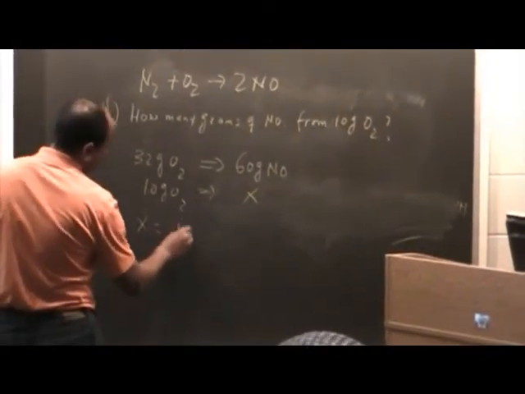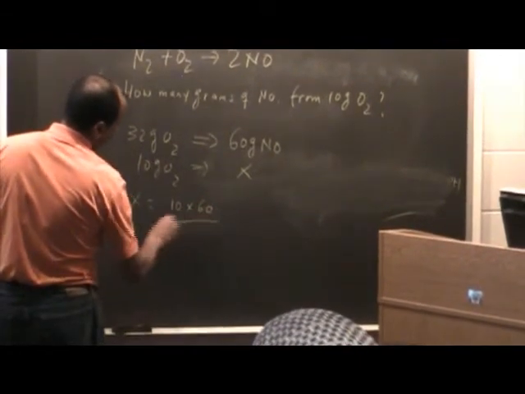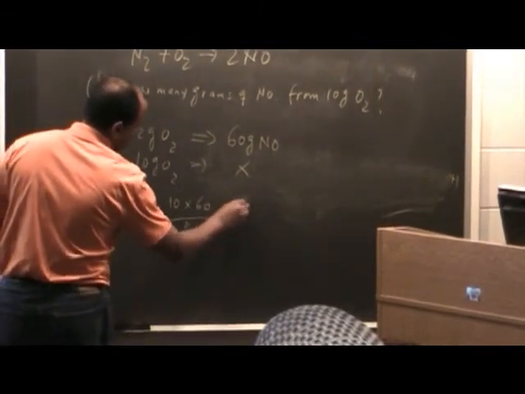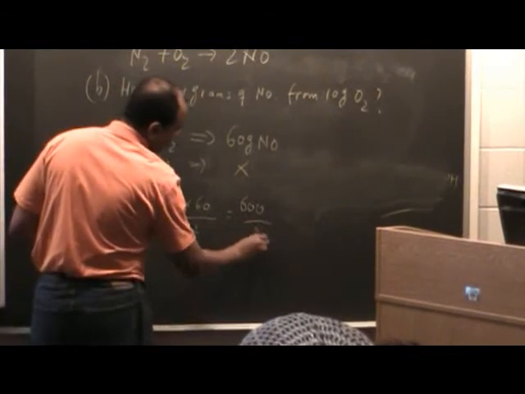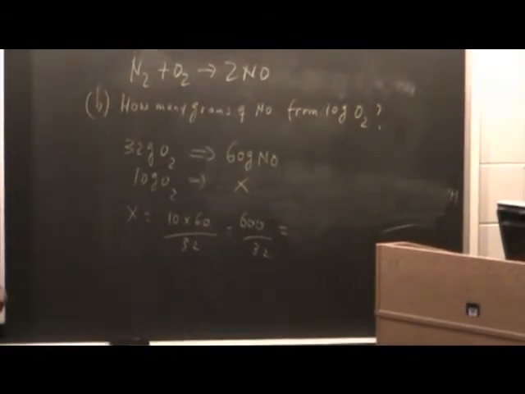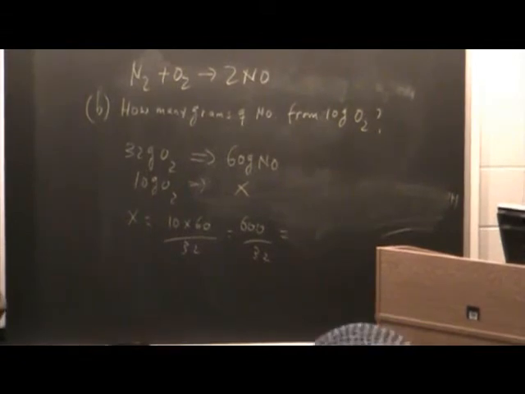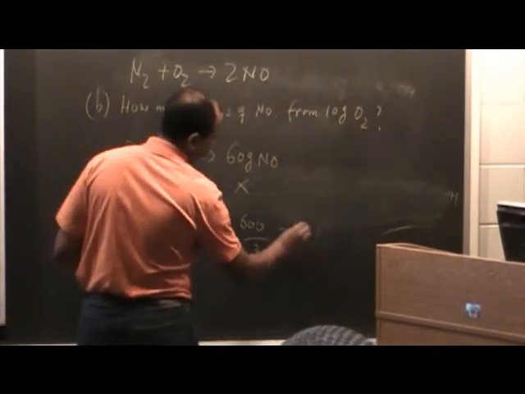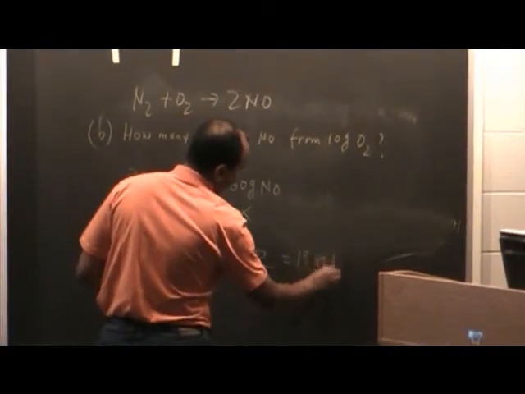It's going to be 10 times 60 divided by 32. 600 divided by 32 is 18.8 grams of NO.